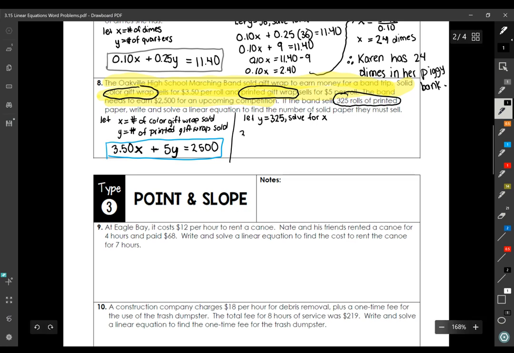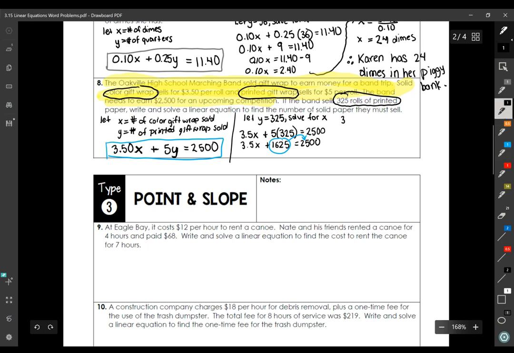Okay, so 3.50 times x plus 5 times 325 should be equal to 2,500. So keep going, keep simplifying. 325 times 5 is 1,625. Okay, we're going to keep rearranging. So bring that over to the other side.